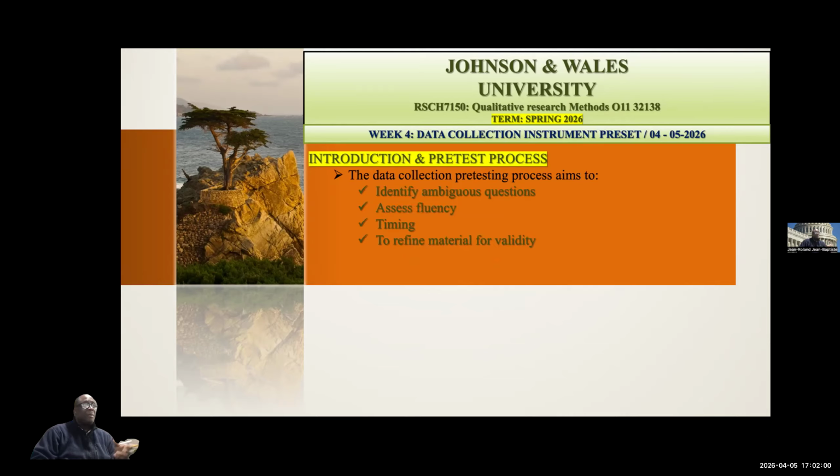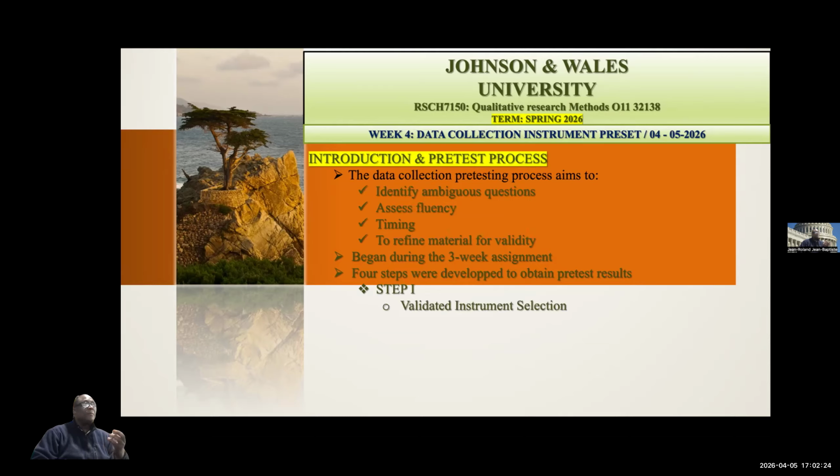This process began during the week 3 assignment. It has 4 steps, which I developed in order to obtain the pretest result. The first step is validated instrument selection. The second step is research questions.